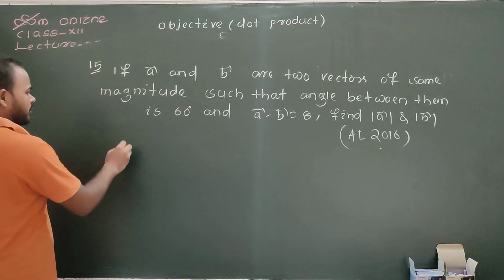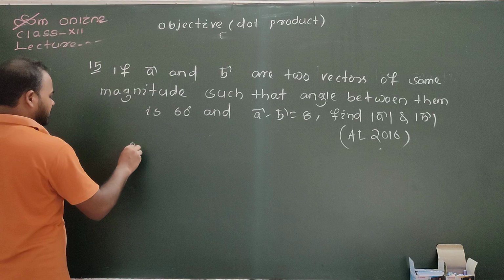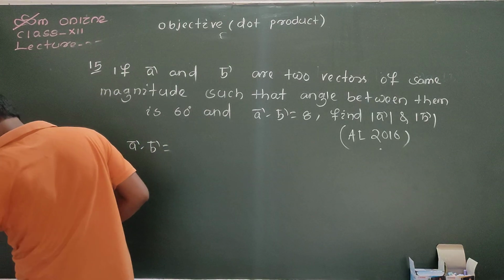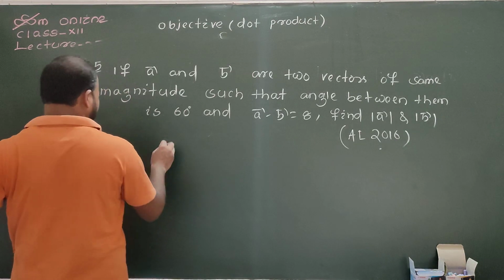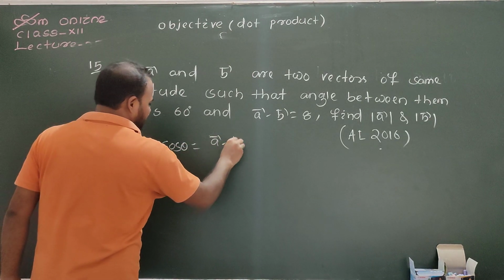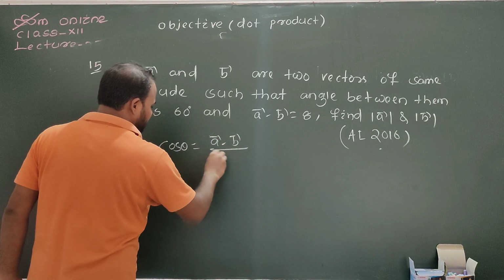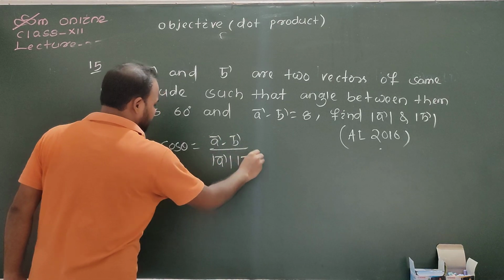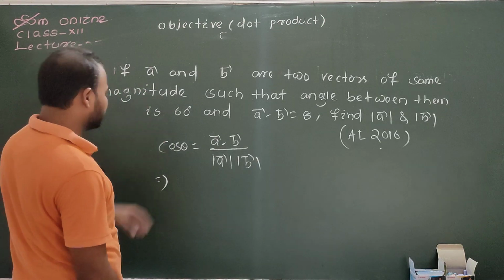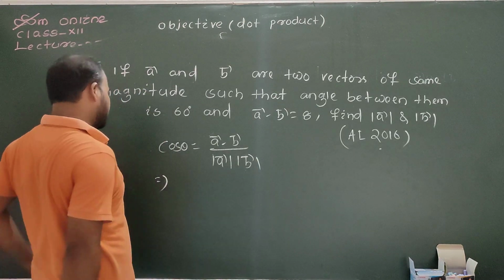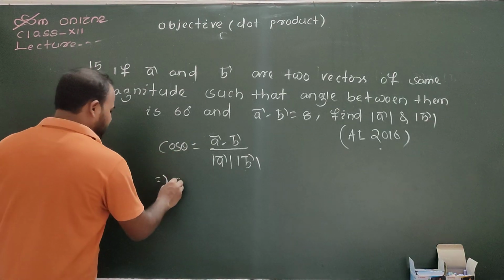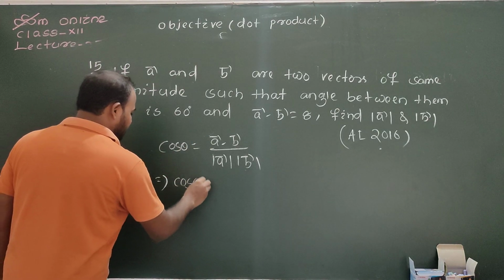So we have cos theta equal to vector A dot vector B upon magnitude of vector A into magnitude of vector B. The magnitudes are the same, so we write magnitude of A, and theta is 60 degrees, that is cos 60 degrees.